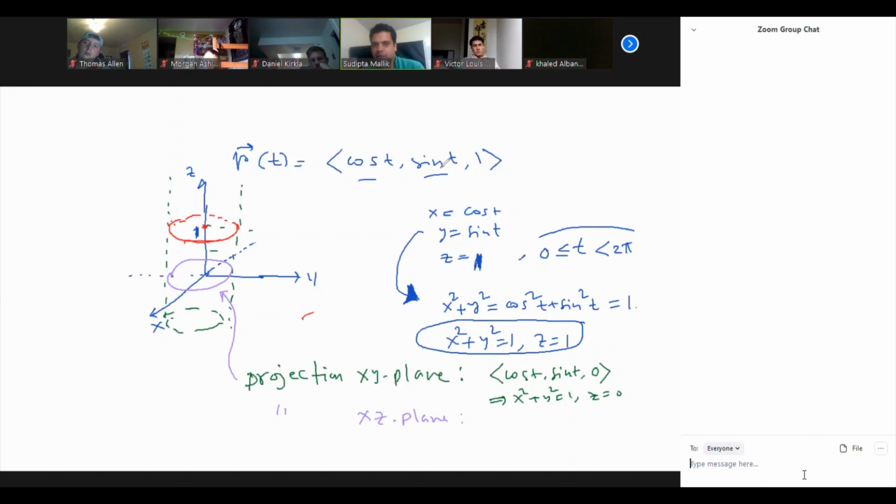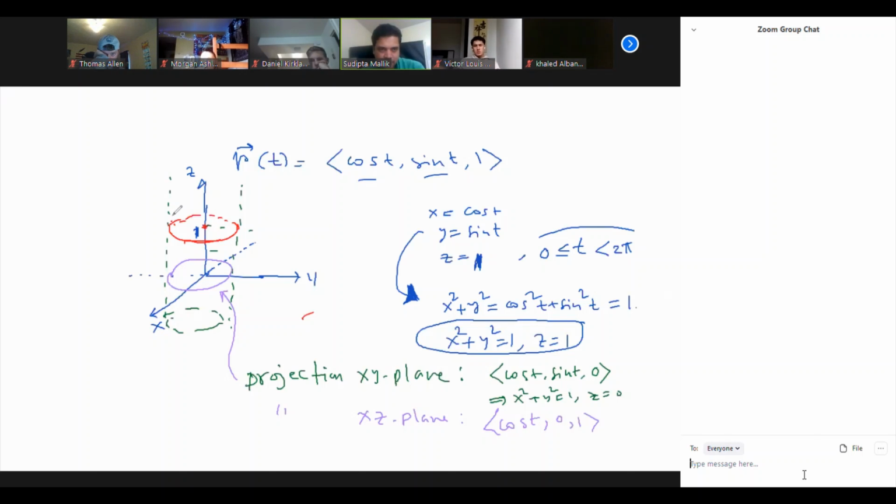That means we put y equals 0, right? So this is cosine t, 0, 1. So t goes from what? 0 to pi. And that means cosine value goes from 1 to negative 1, right?